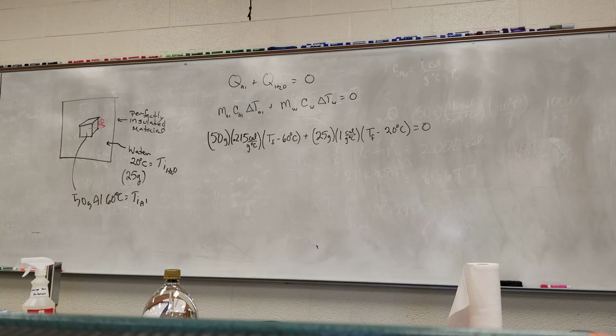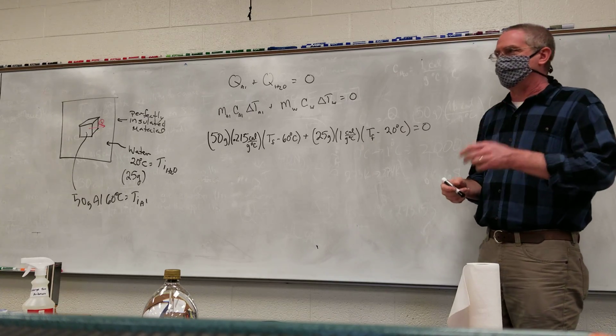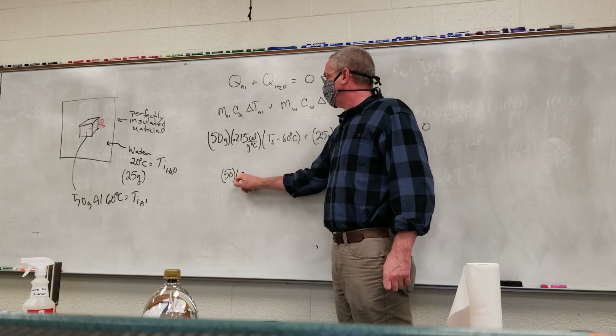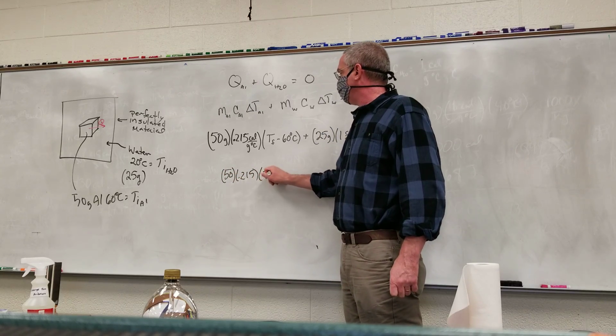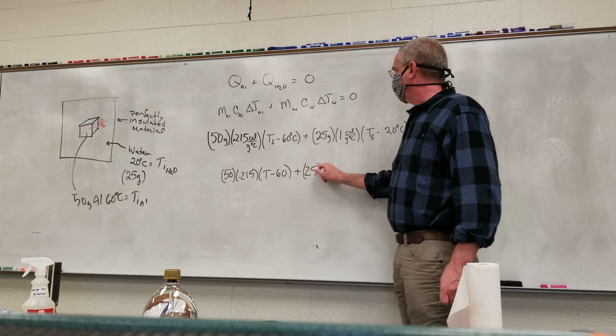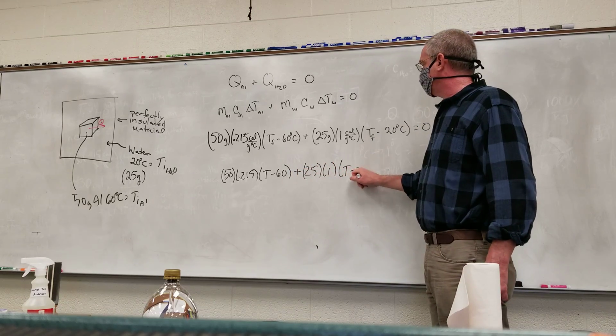Now, putting the units in there just sort of clutters it up, but from a science point of view, the units do matter. However, we've now made it a math problem, so let's just write down the math problem here. I have 50 times 0.215 times T minus 60 plus 25 times 1 times T minus 20.